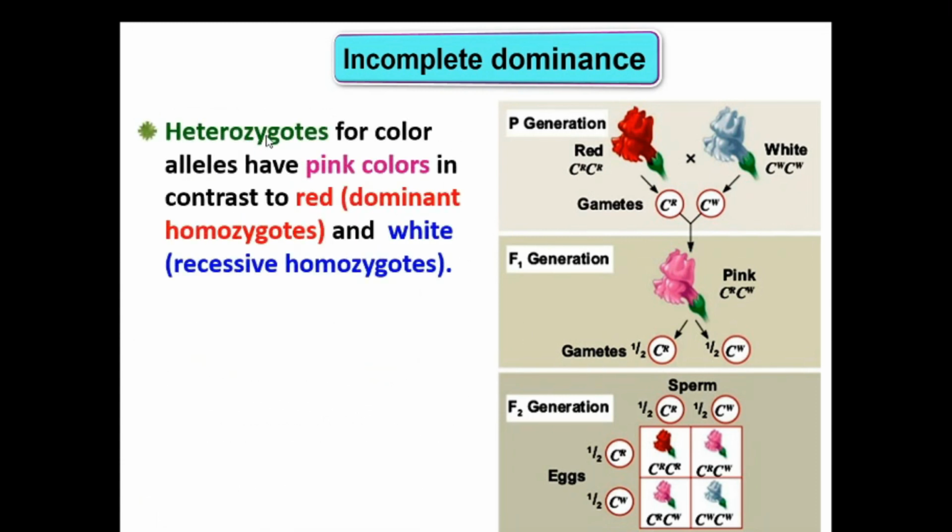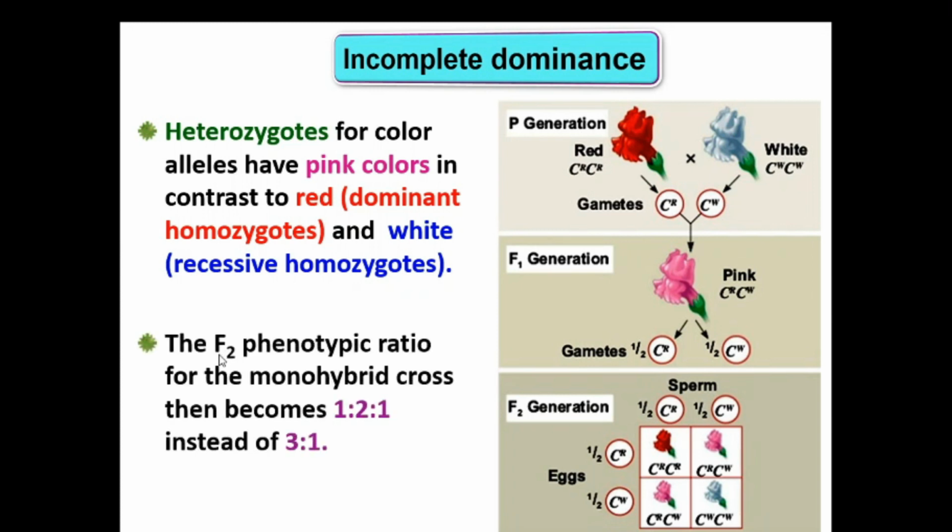So the heterozygous for color alleles will have pink color in contrast to the red and the white color. The offspring will have the pink color instead. The red color is the dominant and the white color is the recessive homozygous.